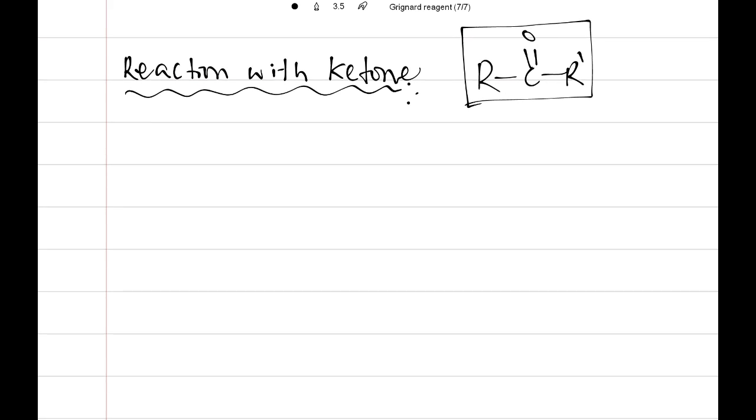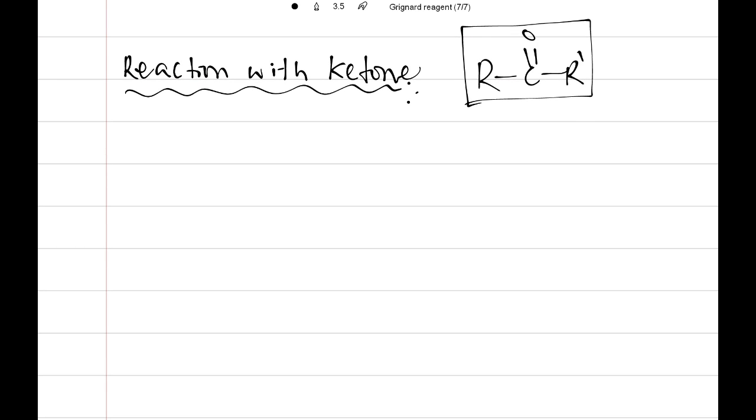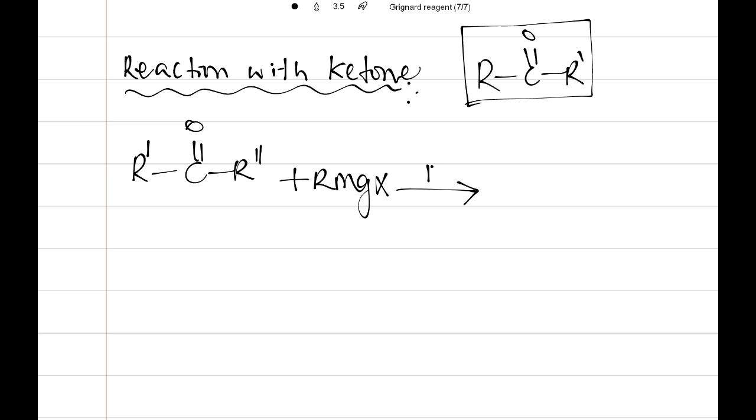Okay, right. So if you see this reaction, I am taking R dash C double bond O R double dash to differentiate these two. When this reacts with RMgX, nothing but Grignard reagent, on hydrolysis later, we can get the tertiary alcohol formation taking place, RCOH, with one side R dash and the other side R double dash.